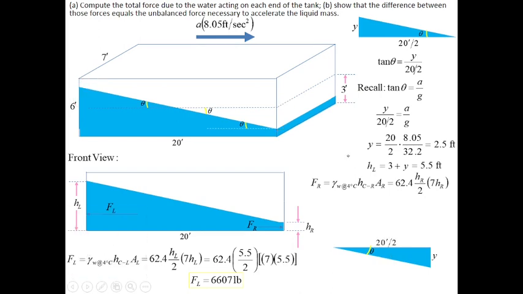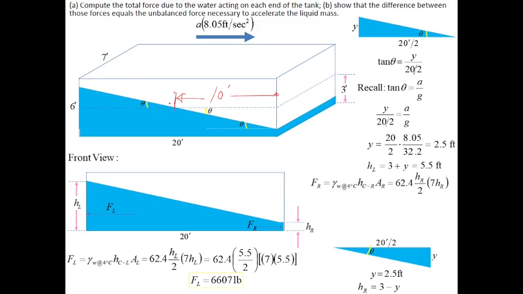So, again, this is also the same, 10 feet. So, our length here is 10 feet. Okay? So, therefore, 2.5 feet. So, y is 2.5 feet. So, we get the same. So, HR is 3 minus y.